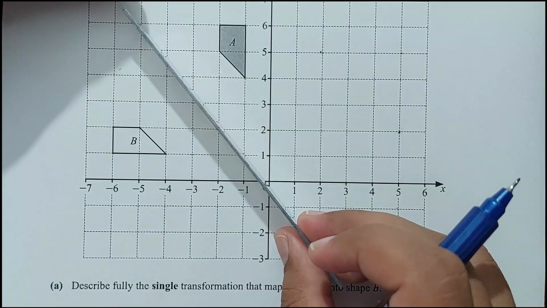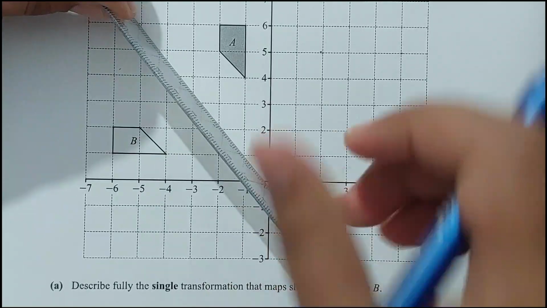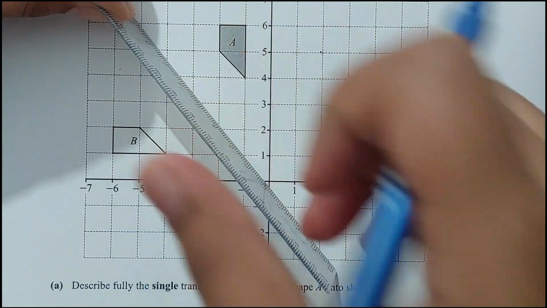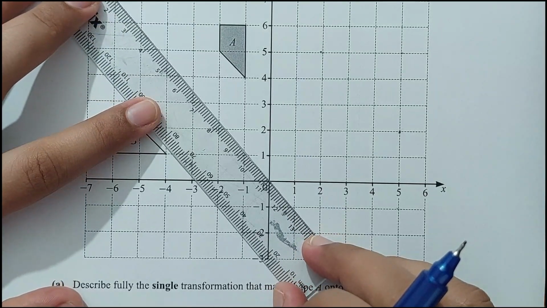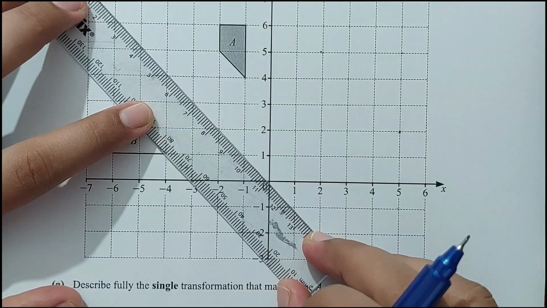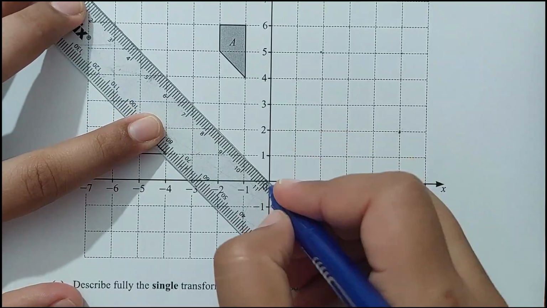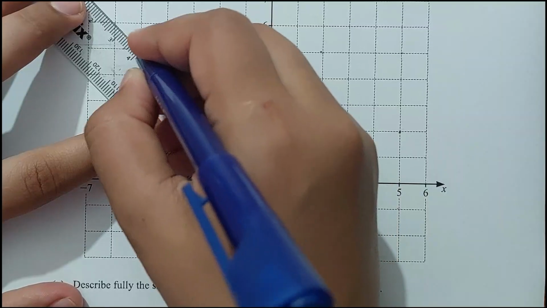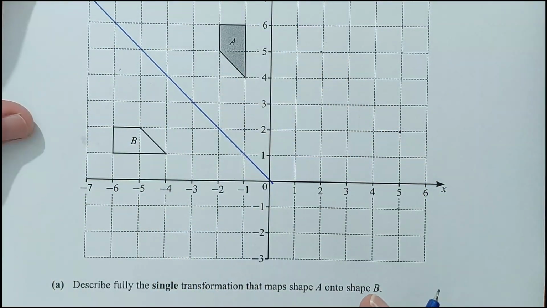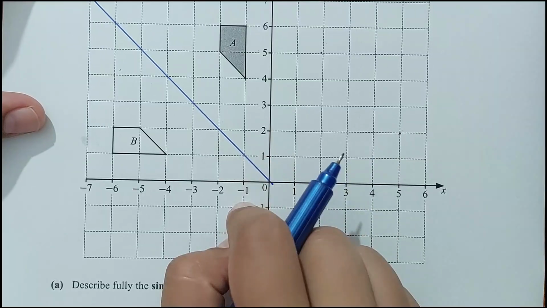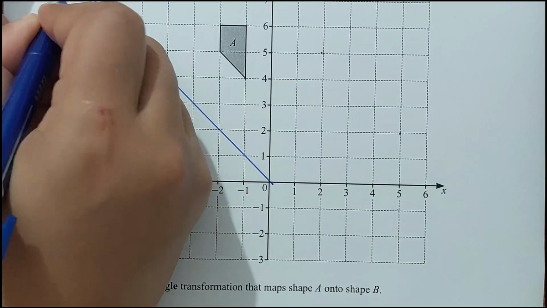If I draw this line, as you can see, this shape is reflected along this line. And what is this line? 1 minus 1, 2 minus 2, 3 minus 3, so y equals negative x is that line.